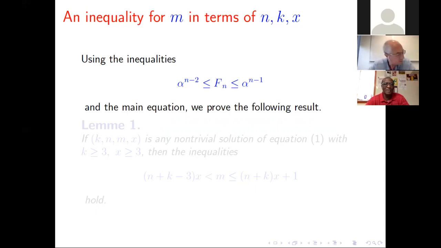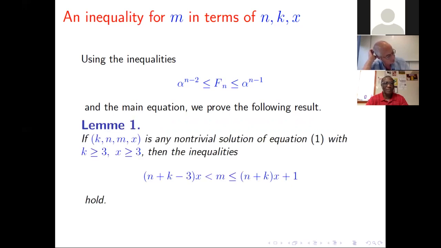Then if we take the log of both sides and use some properties of the definition of the equation we have, we can prove that if we have any non-trivial solution (k, m, n, x) with the condition k greater or equal to 3, x greater or equal to 3, because we dealt with 1 and 2, then m is bounded by the two expressions here.